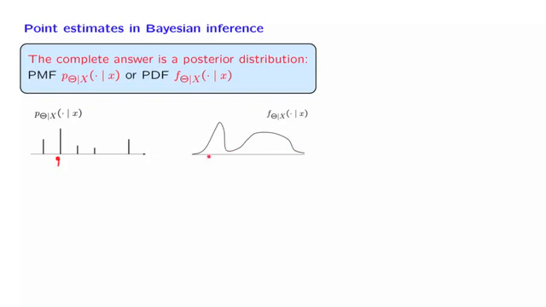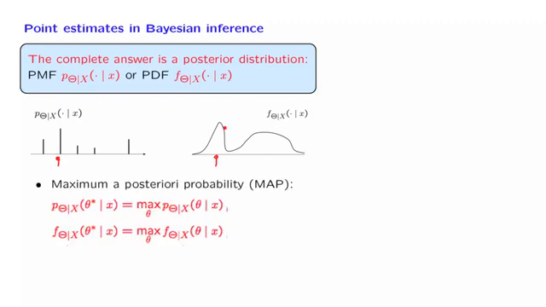And using a similar philosophy, you could look at the continuous case and find the value of theta at which the PDF is largest and report that particular value. This particular way of estimating theta is called the maximum a posteriori probability rule. We already have in our hands a specific value of x, and therefore we have determined a conditional distribution for theta.